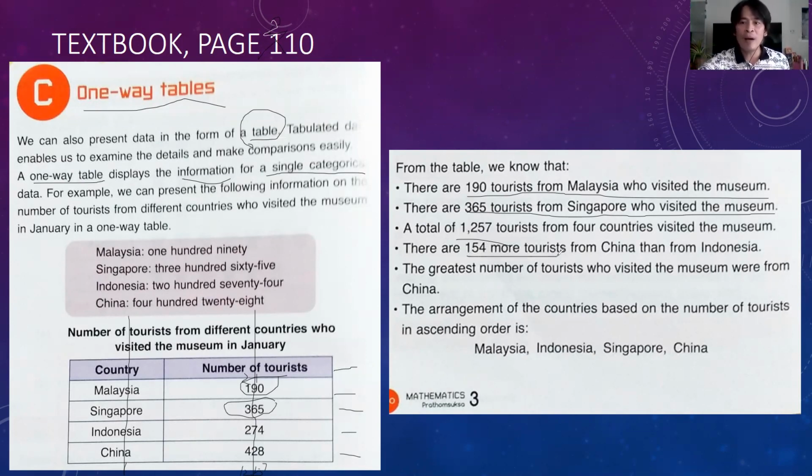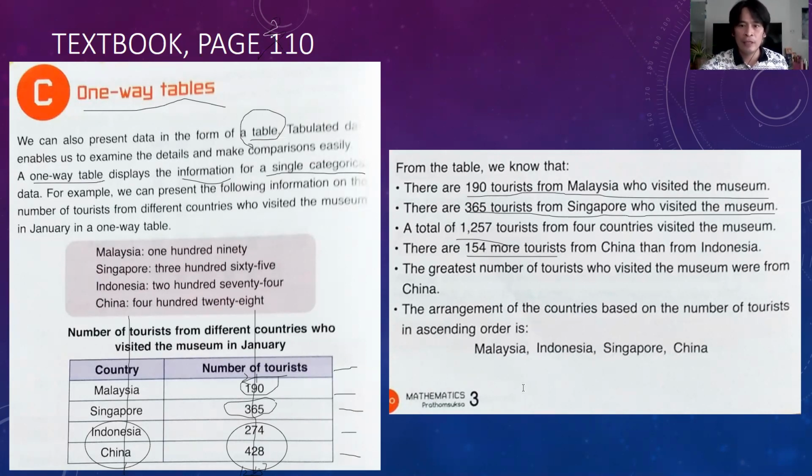Now, there are 154 more tourists from China than Indonesia. So look, how will we get it? Look at Indonesia and China. So the statement is true because if you subtract the smaller number from the bigger number, you will get 154. I'm going to show you.